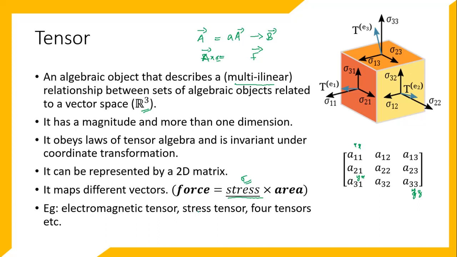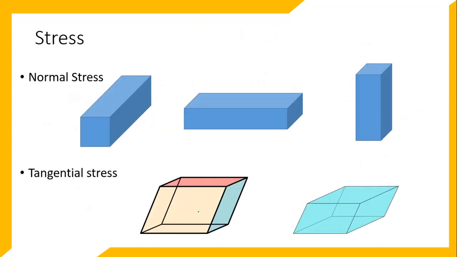So we have many tensors in physics, and these are all quantities which need two or more elements to represent that particular physical quantity. So two or more dimensions or two or more aspects have to be specified just to represent one physical quantity. We will come across such physical quantities in physics a lot. So we use tensors to study them, and we use tensor analysis to study their properties.